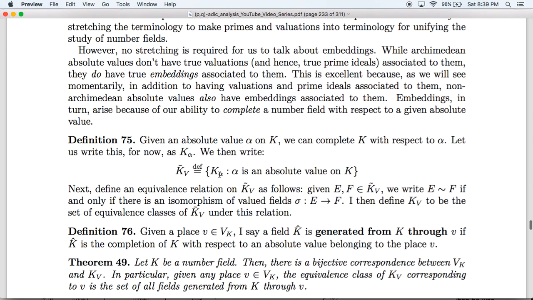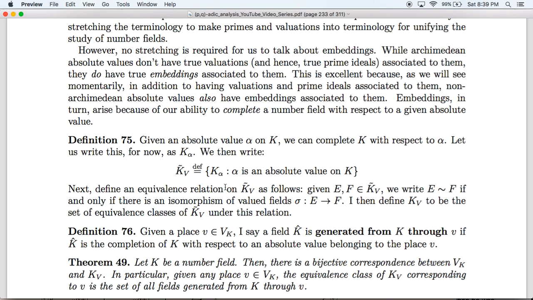So just some remarks on this notation here. Because of this connection between places and completions, instead of writing K alpha, I will frequently write KV. So KV means the completion of K with respect to the absolute value induced by the valuation V. I will also sometimes write it as K subscript P, where P is the prime ideal that we then use to get a valuation that we then use to get an absolute value.